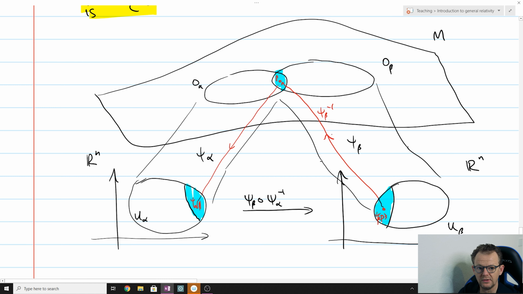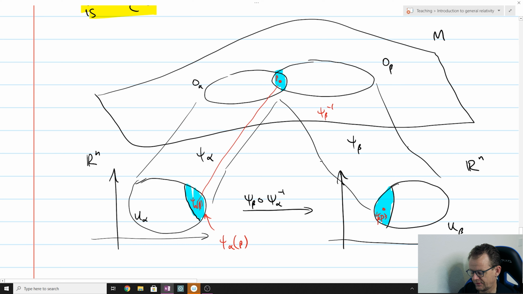Here I've done it in the reverse order, but we could equally well have told the story another way, right? Suppose P is a point in the intersection of O alpha and O beta, then you can find its image in O alpha, which we've called psi alpha P here. That's a point inside Rn.